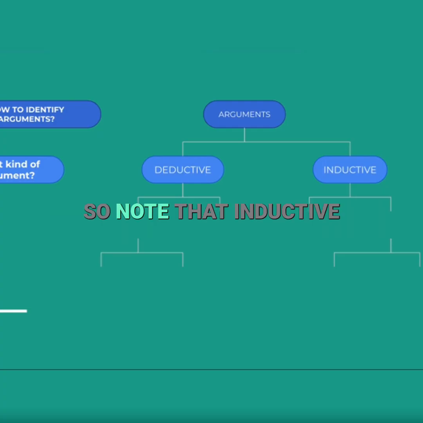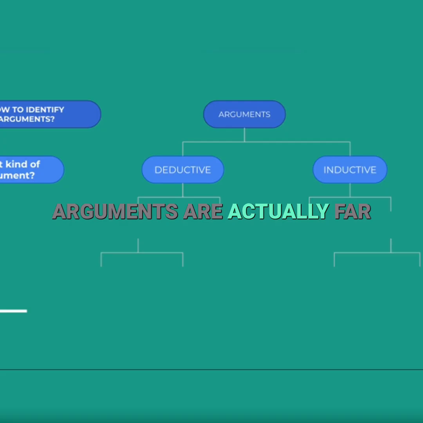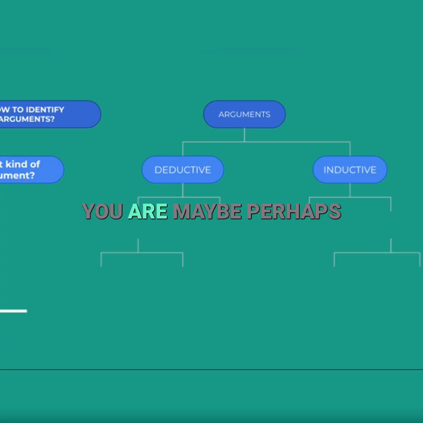Note that inductive arguments are actually far more common in the real world, right? Most of our knowledge comes from inductive reasoning. In science, you are perhaps going to get a treatment that has an 80% likelihood of success, right? So that seems pretty high. But in other cases, we might think that just a 50% likelihood is enough.